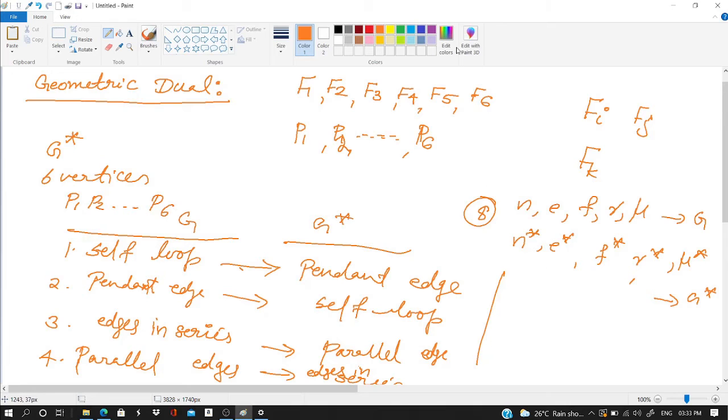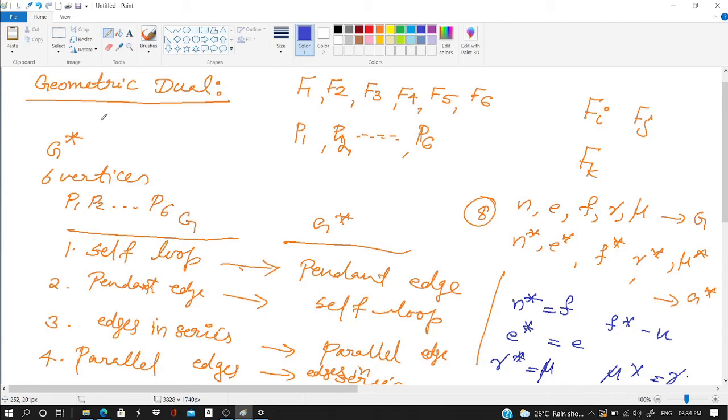The relations are: E star equals E, F star equals N, R star equals mu, and mu star equals R. So these are the relationships between G and G star.